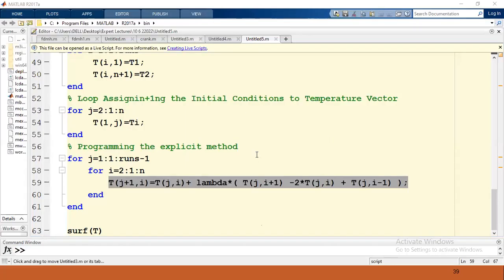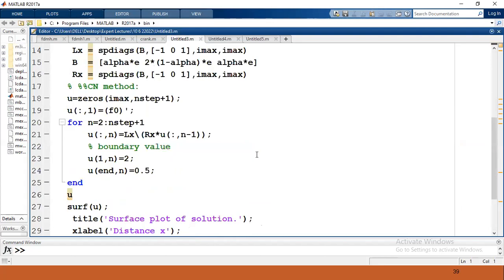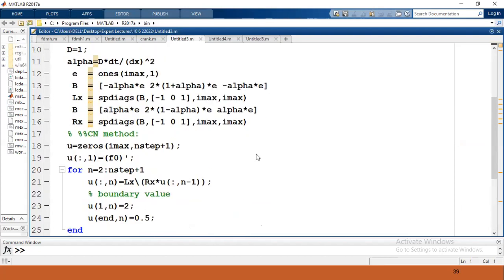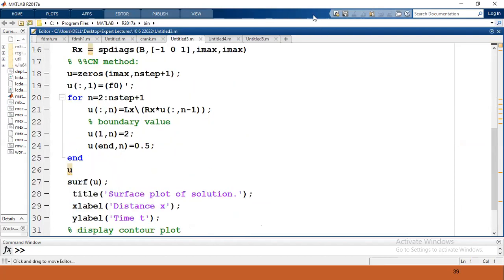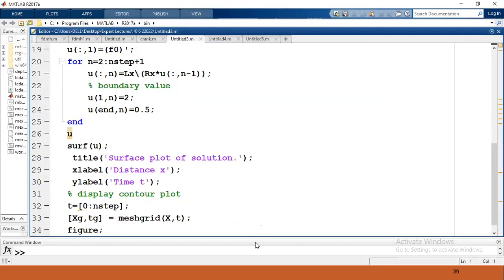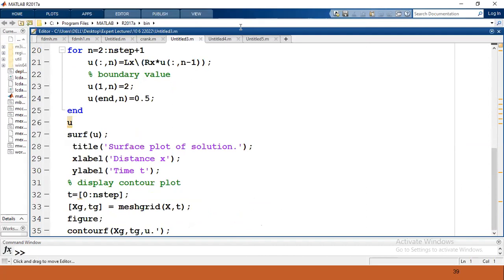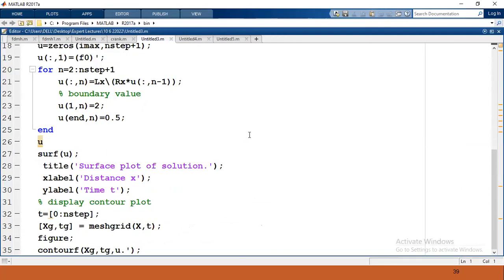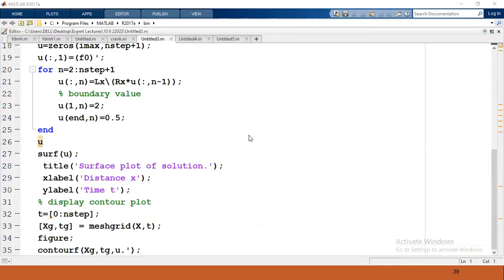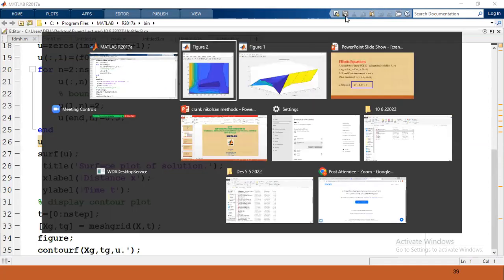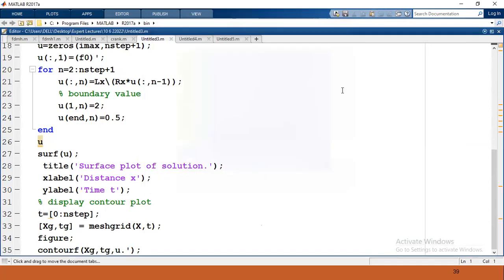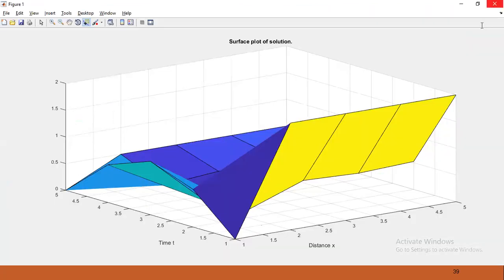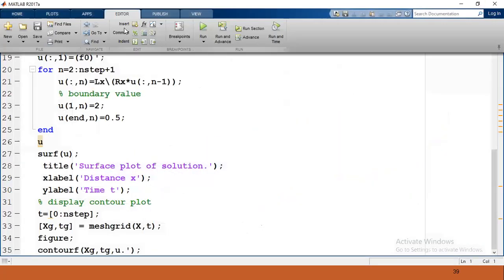In a similar way to what we discussed earlier, the only change is that our solution depends on the system of equations. So this is our solution.